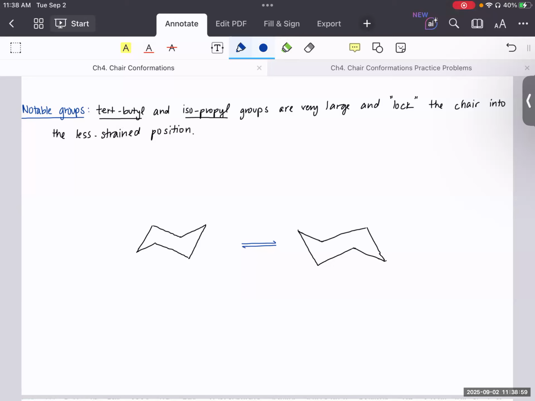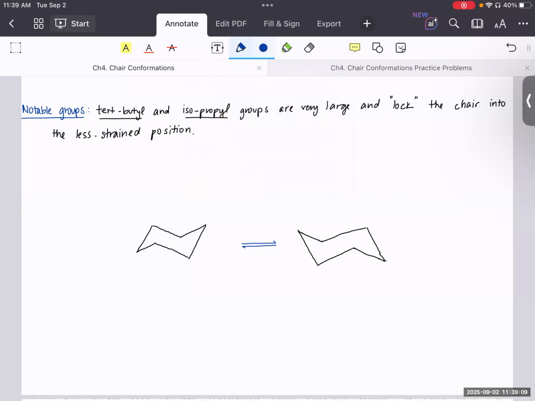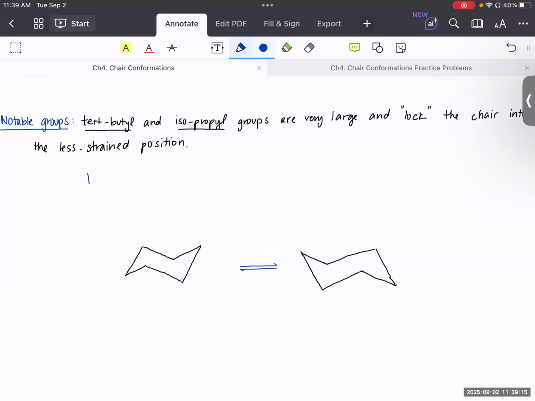So let's just draw out a tert-butyl, and another word for a tert-butyl is a T-butyl. So you might see it in that way within your assignments. All right, so a T-butyl group looks kind of like a chicken hand almost.